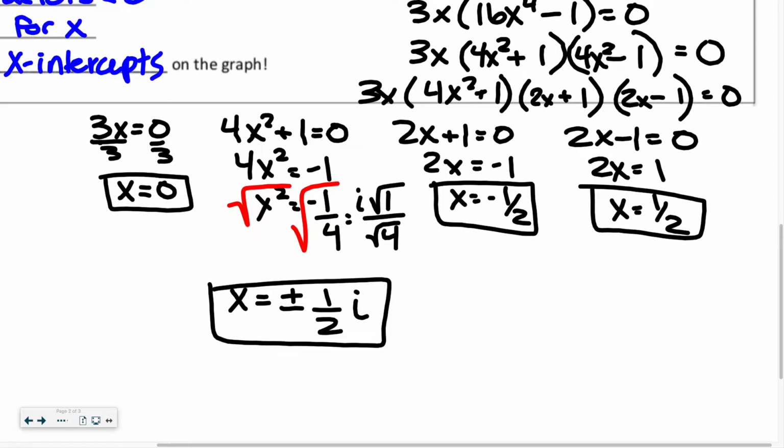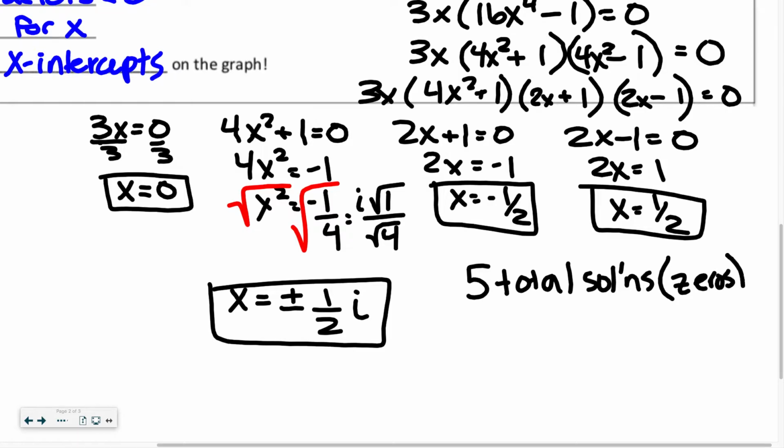Okay, how many solutions do you have? One, 2, 3, 4, 5, right? There's 2 imaginary solutions right here, positive 1/2 i and negative 1/2 i. So I have 5 total solutions, which we sometimes also call zeros.